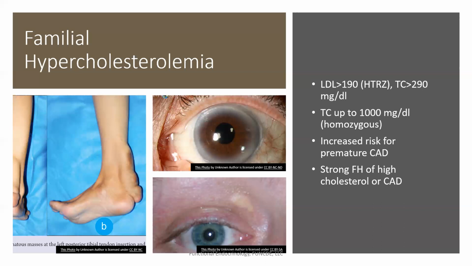We call it arcus senilis, and we can find that in patients less than age of 40. However, if it's above age 40, it may be just because of natural aging and deposit of cholesterol. The picture on the lower right, you can see there is a yellow spot on top of eyelid.